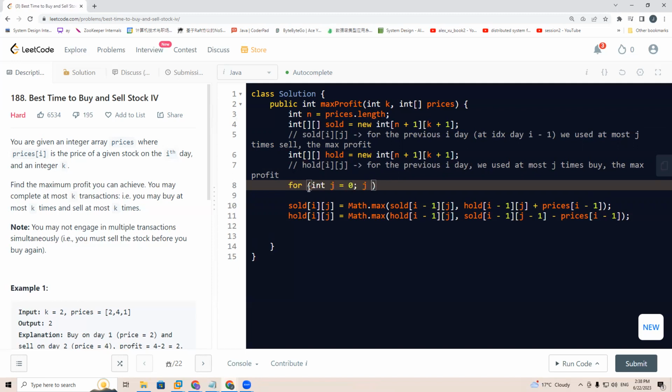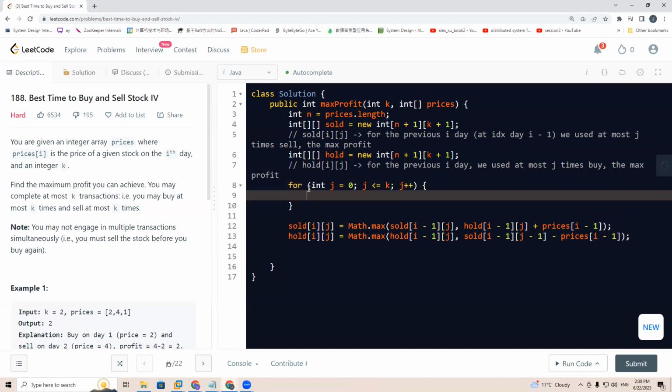So for j smaller or equal to k, j plus plus, we just have hold[0][j] equals Integer.MIN_VALUE, right?